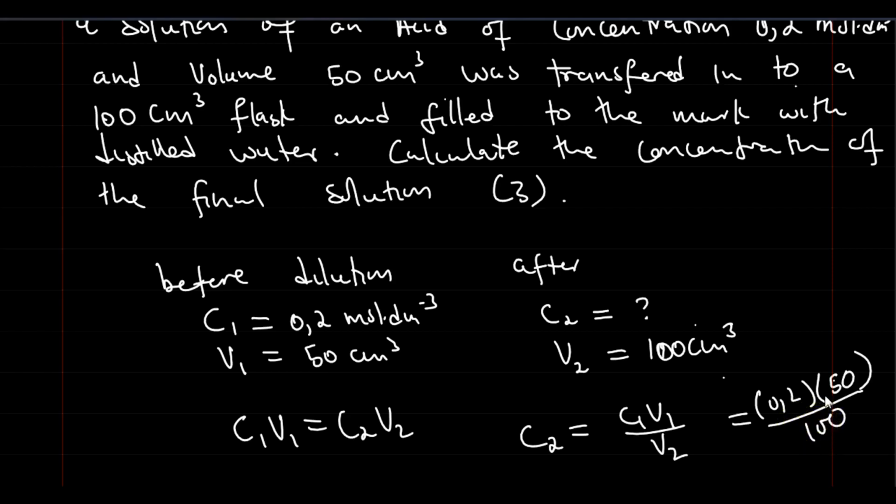Notice that I did not convert the units of these volumes. Why? Because I have volume on the numerator and volume on the denominator, so the units are going to cancel out. If I convert, I will still get the same answer, but when you are writing an examination, you will find that you don't have time.